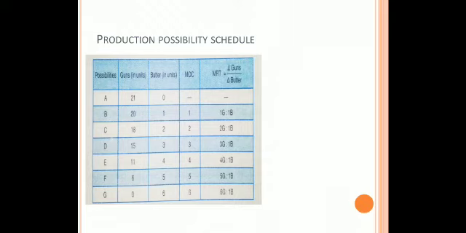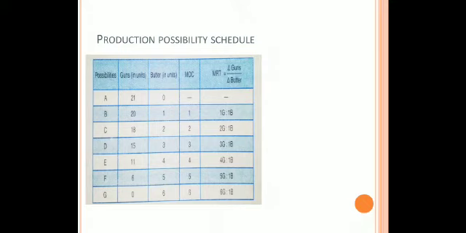In F, butter is 5 and guns is 6. Similarly, in G, butter is maximum and guns is 0. It means whatever resources we are using in producing one good are simply used in its production.